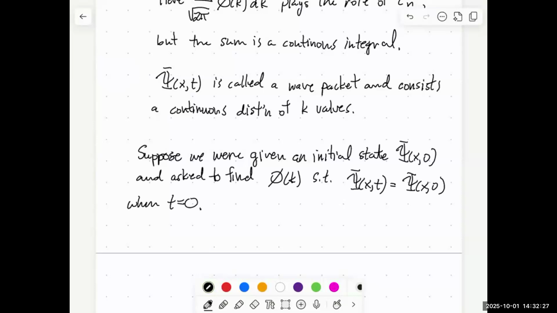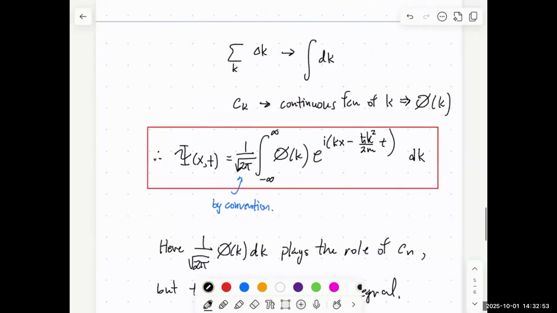So we did this kind of thing. We did this for the infinite square well. We also did it for the harmonic oscillator. So we wrote down a general solution. We said, okay, here's some particular initial state. What are the c_n's that give us that initial state? What c_n's do we have to pick to match our general solution to the initial state? So how are we going to do that for this wave function? Okay, and so that's the first little job that we have.